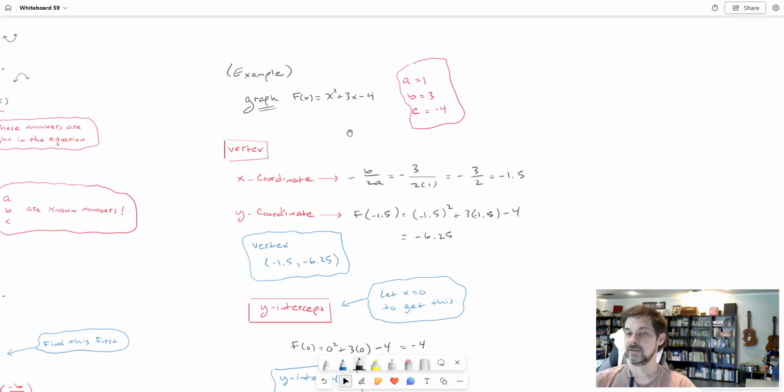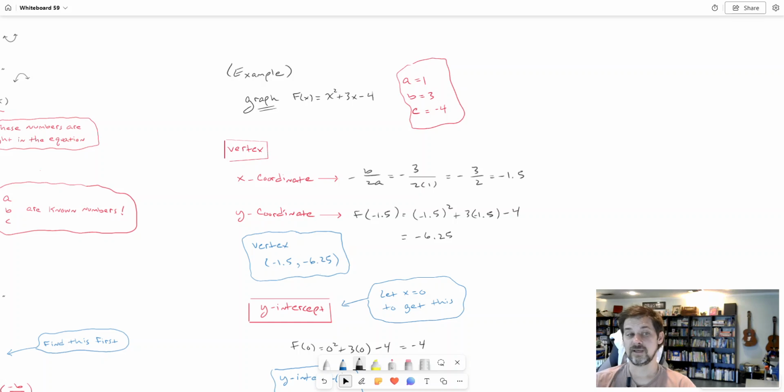All right. So I take my function and I put in negative 1.5. You see that? That's going to be negative 1.5 squared plus 3 times negative 1.5 minus 4. I use my calculator to do this, and I got negative 6.25. So that's the vertex, x and y coordinates.